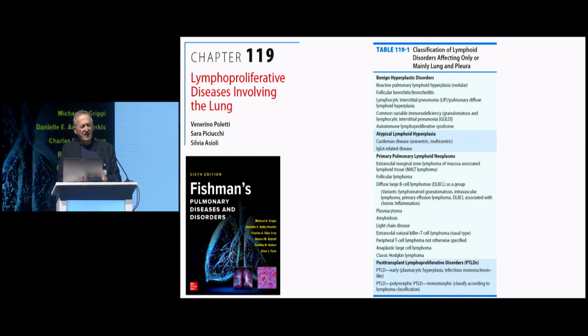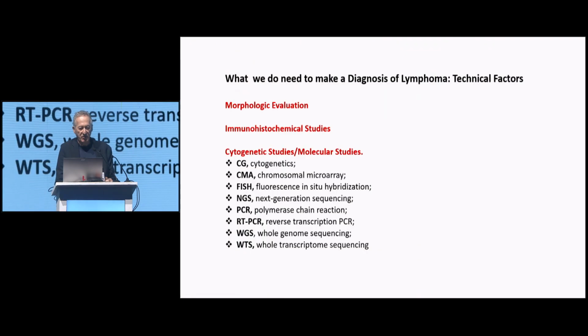The classification of lymphoproliferative disorders involving the lung is still complex, varying from benign hyperplastic disorders to atypical lymphoid hyperplasia, primary pulmonary lymphoid neoplasms, post-transplant, and secondary involvement by lymph node-based lymphoproliferative disorders.